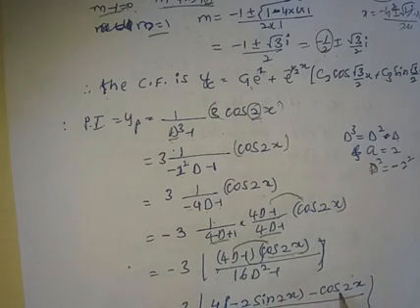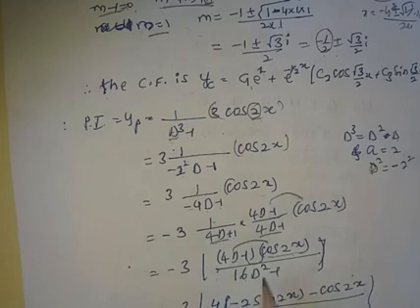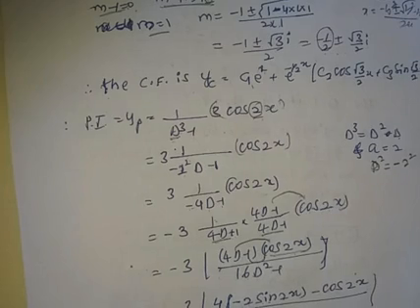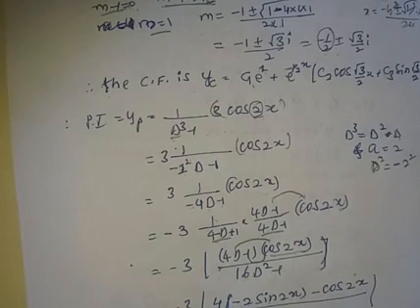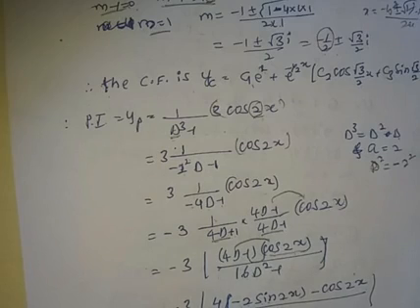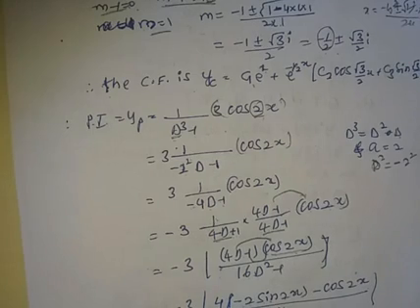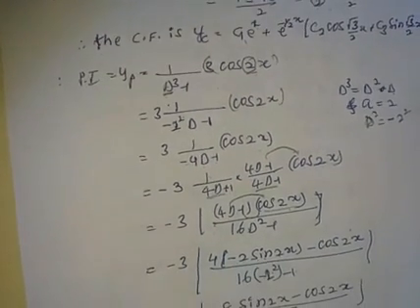So it becomes minus simply cos 2x divided by, wherever D square is there, you have to replace it by minus a square. A is 2 here, so a square becomes 4. It becomes 16 into minus 4 minus 1, which is minus 64 minus 1, it becomes minus 65.